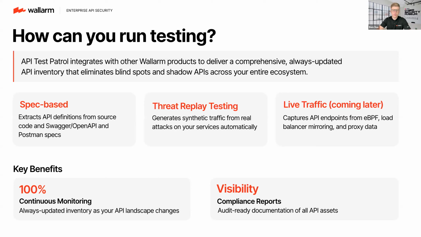It will not be able to identify BOLA, as it's a more complicated type of vulnerability that requires a Postman collection to run properly, but it will identify the top 10 vulnerabilities in your external APIs.